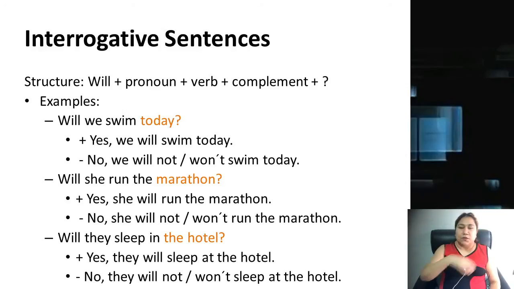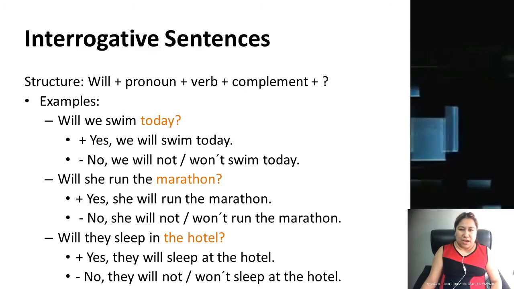How can I turn it into an interrogative way? Okay. First, you have to use the auxiliary will, and then the rest of the sentence. Don't forget the question mark. So, we get something like this: Will we swim today?